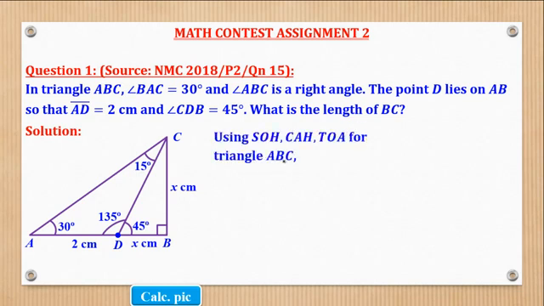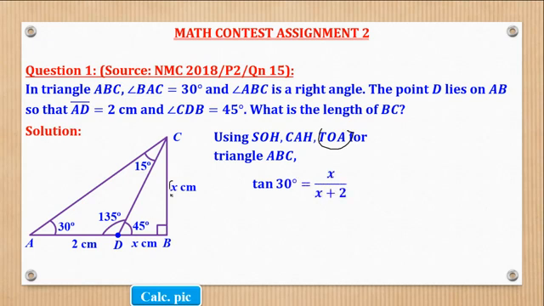Then you can now use SOHCAHTOA for triangle ABC. So for triangle ABC and using this angle, you realize that this x is the opposite and this is the adjacent. So that means that we're going to use tan.